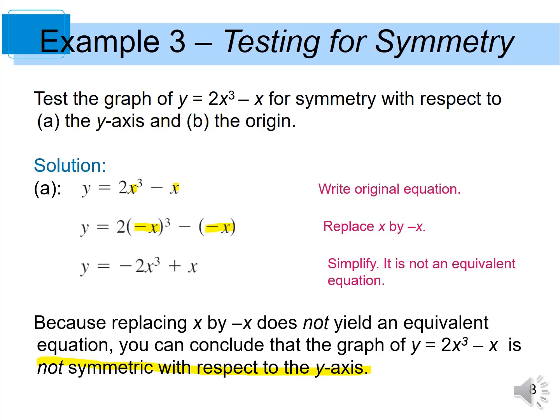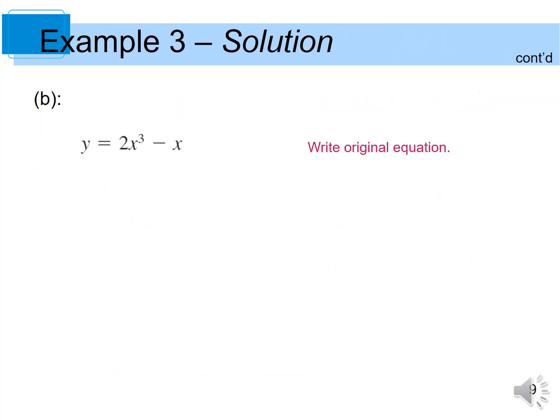Next, to test for the origin. First, again, you write down the original equation, and you replace x by -x and y by -y, and you simplify.